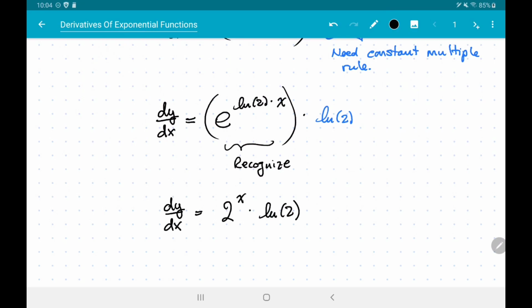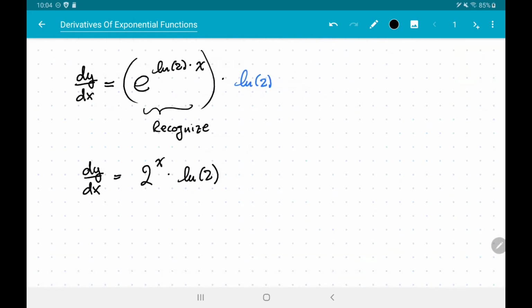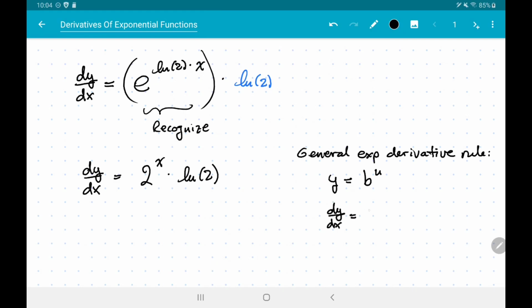So part of what's going on here is that if you wanted to do a general exponential derivative rule, you would say, let's say y is equal to b to the u. Then dy over dx is b to the u times a constant factor ln of b, then times the derivative of u.